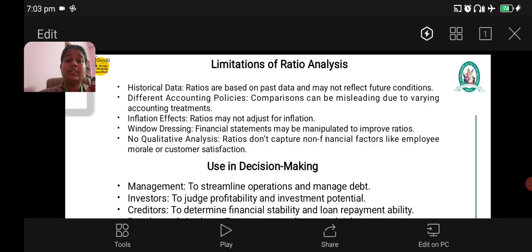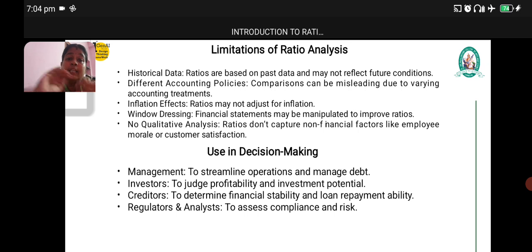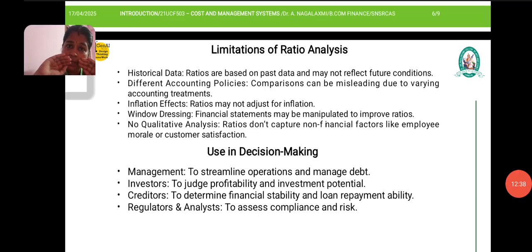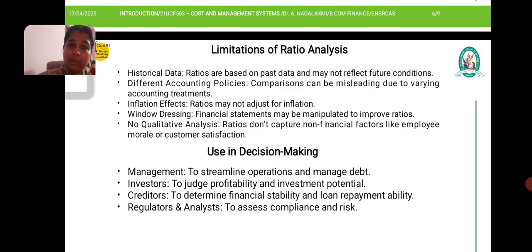Window dressing: financial statements may be manipulated to improve ratios. The company has to showcase that they are in a good position, because they have to survive in the market. Their market share should not go down. They will not be in a position to reveal that they are in a losing position. They have to maintain their market.